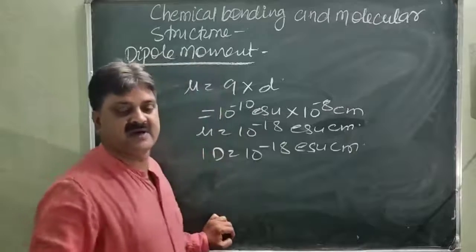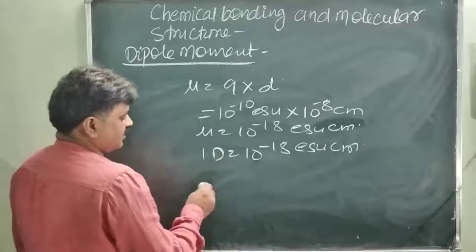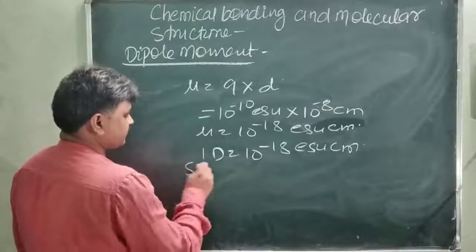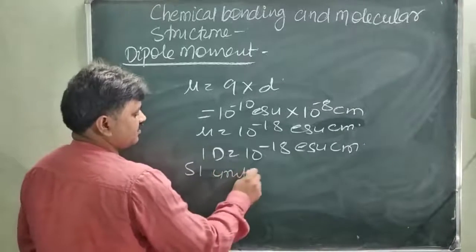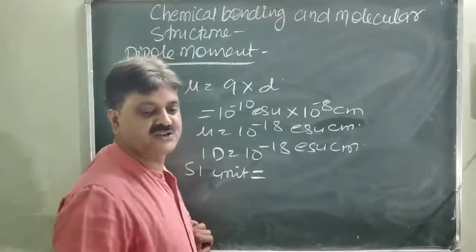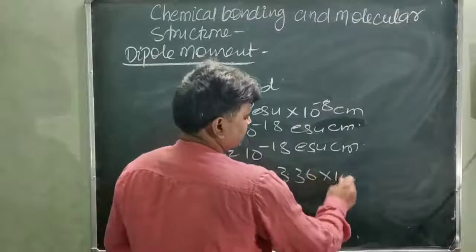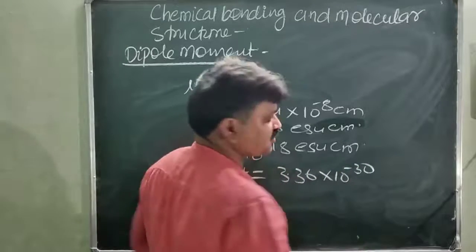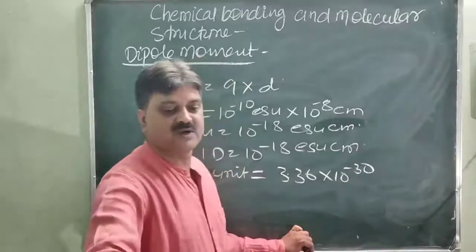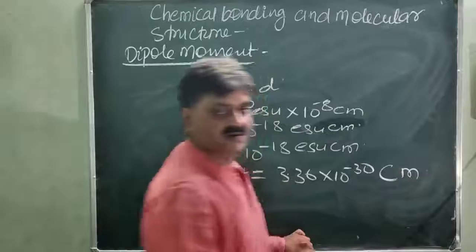However, in SI units, the value becomes 3.36 into 10 power minus 30 coulomb meter. Is it clear?